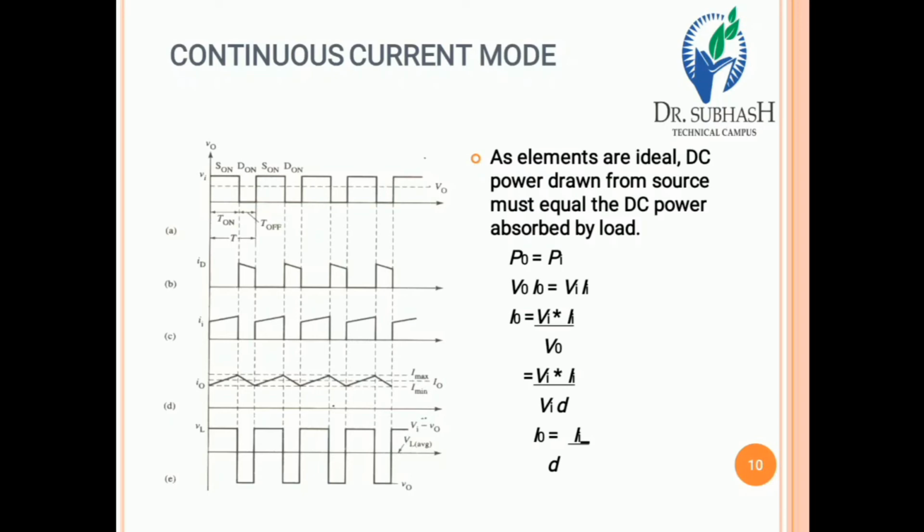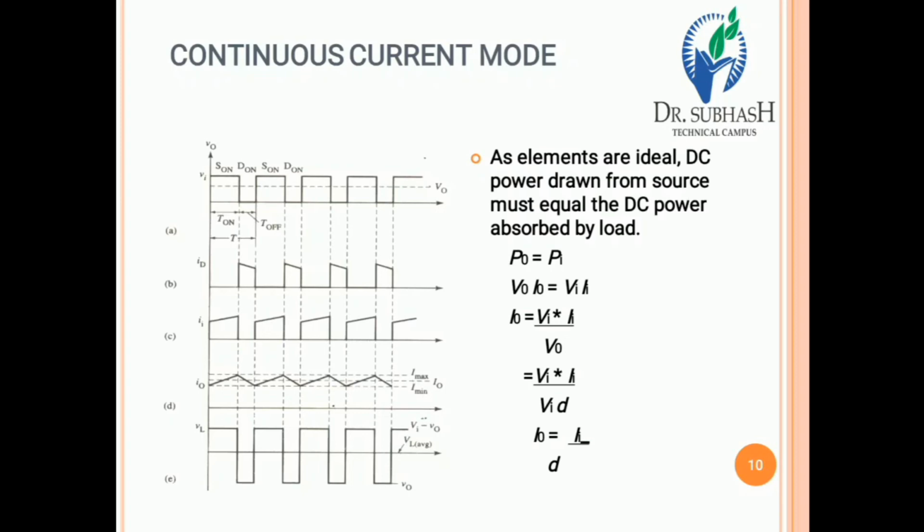Similarly, we get the input current when the switch is in the on condition, because current cannot flow when the switch is in the off, open condition. Similarly, the output current continuously increases when the switch is on. When the switch goes into the off condition, the output current continuously decreases, and that is represented in waveform D, right?